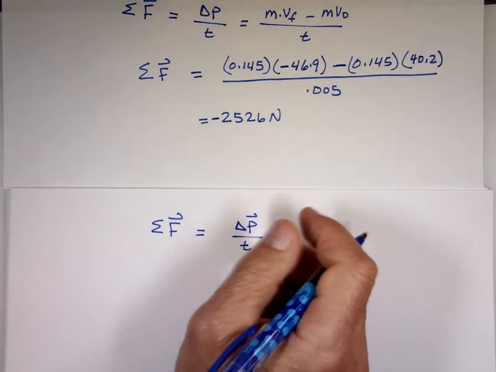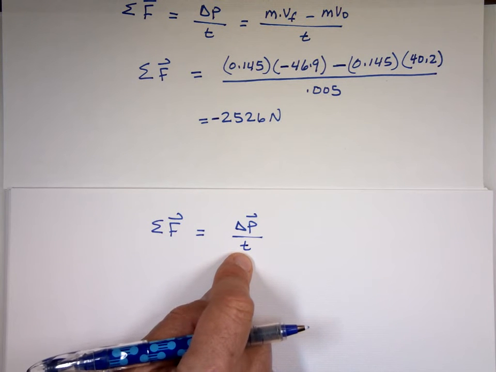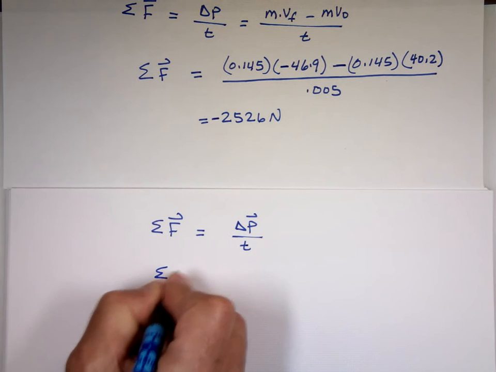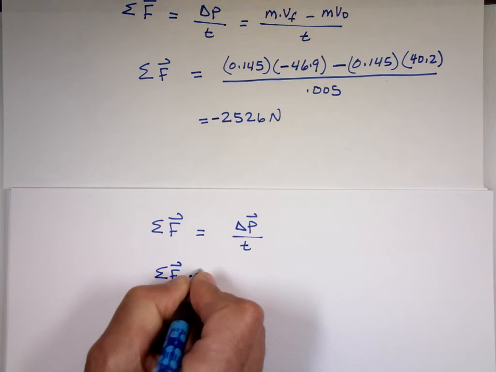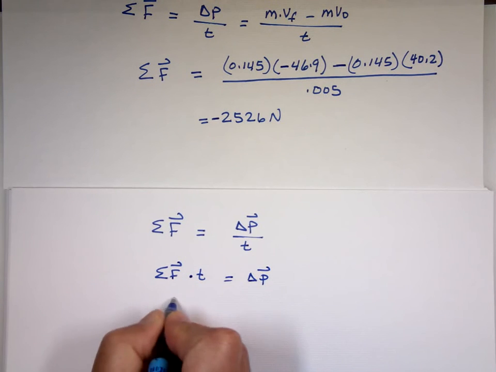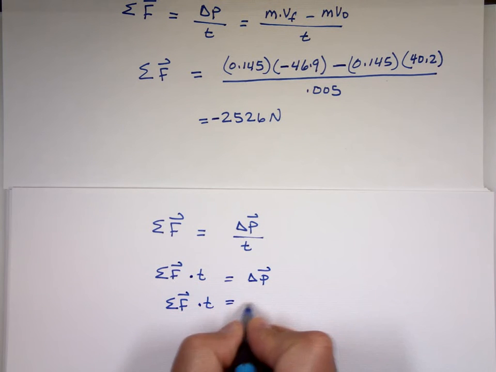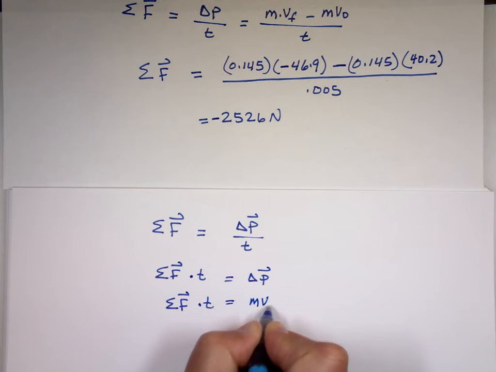To get rid of that t in the bottom, what can I do? Multiply by t. So the average force times the time equals the change in linear momentum, that's mv final minus mv initial.